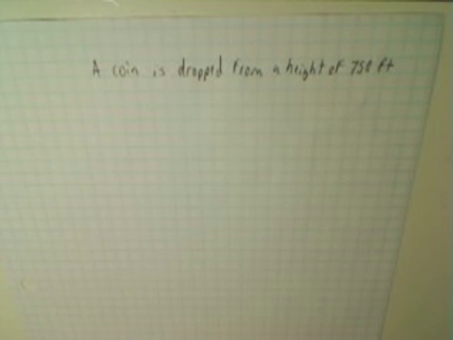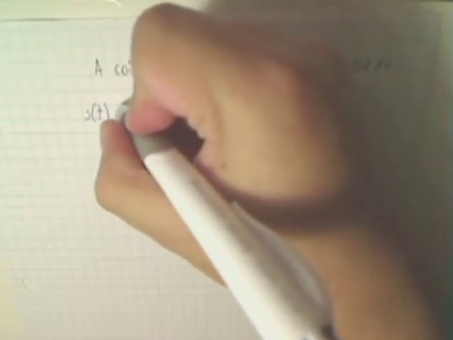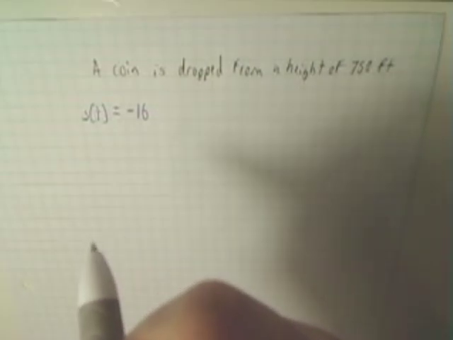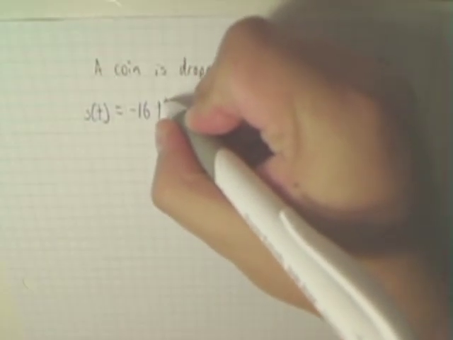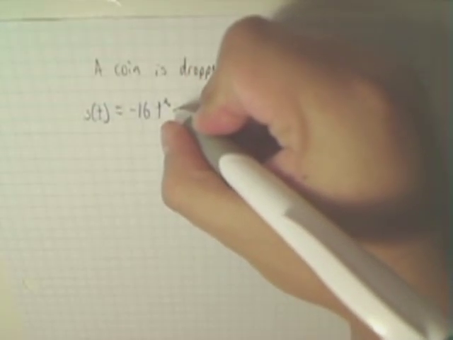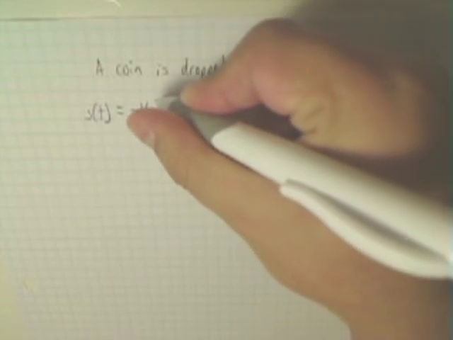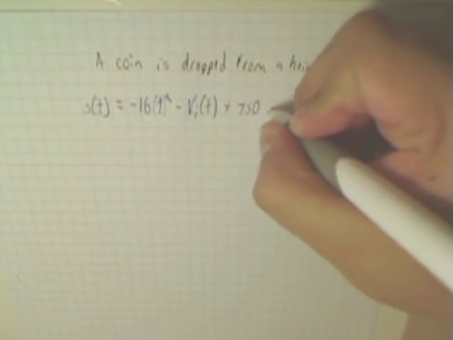We are given that a coin is dropped from a height of 750 feet. So first, we can develop a position function. S of t is equal to negative 16, which is half the acceleration of gravity, times t squared, minus v initial times t plus 750 feet.